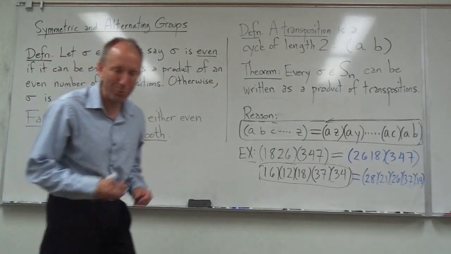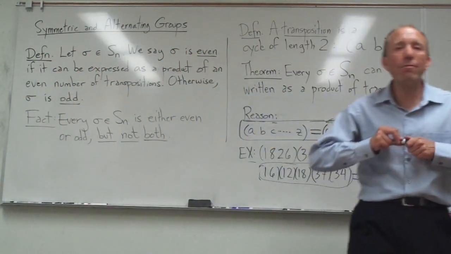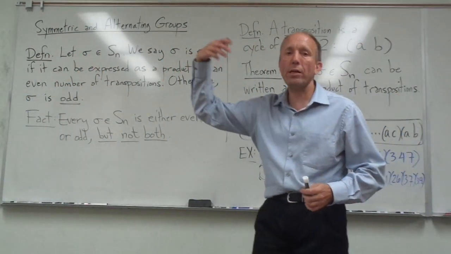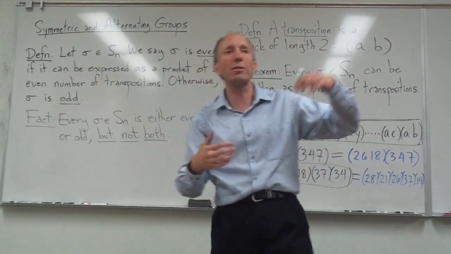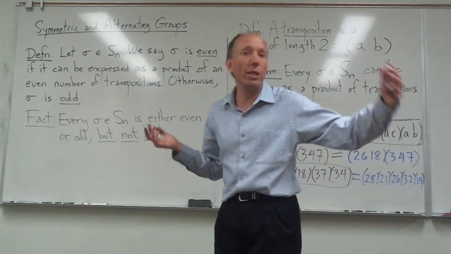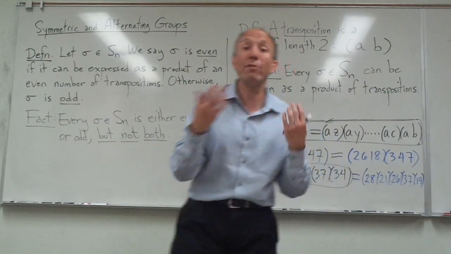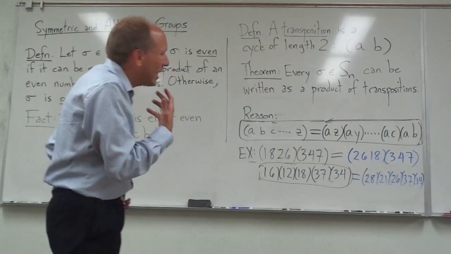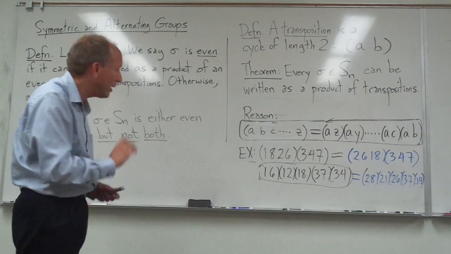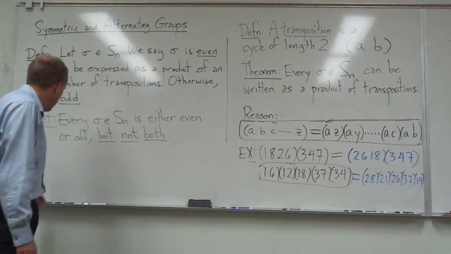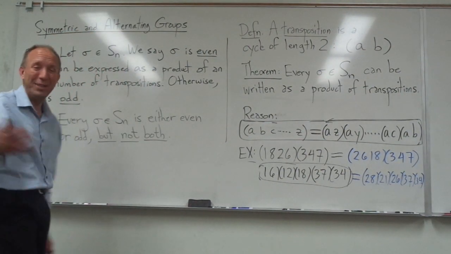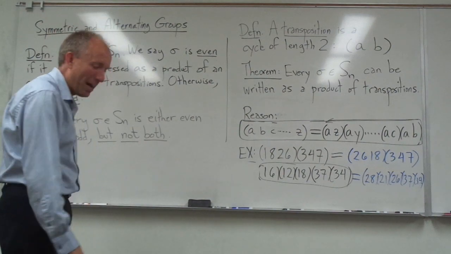It cannot be both. You cannot find one way of writing sigma using an even number of transpositions and then somehow another way of doing it with an odd number of transpositions. It's never going to happen. It's not totally obvious, for sure. I totally agree that it's not obvious, but it is true. And I'm asking you to take my word for that for now.